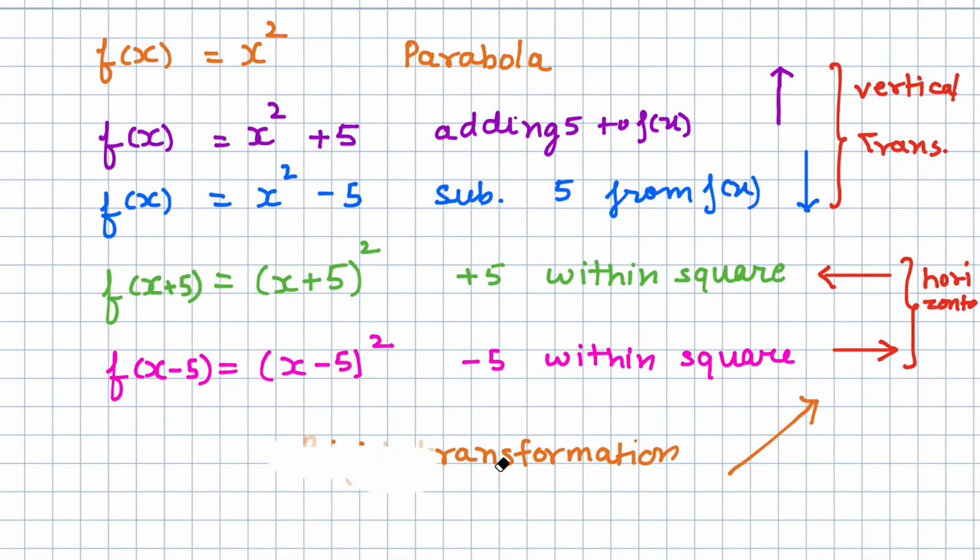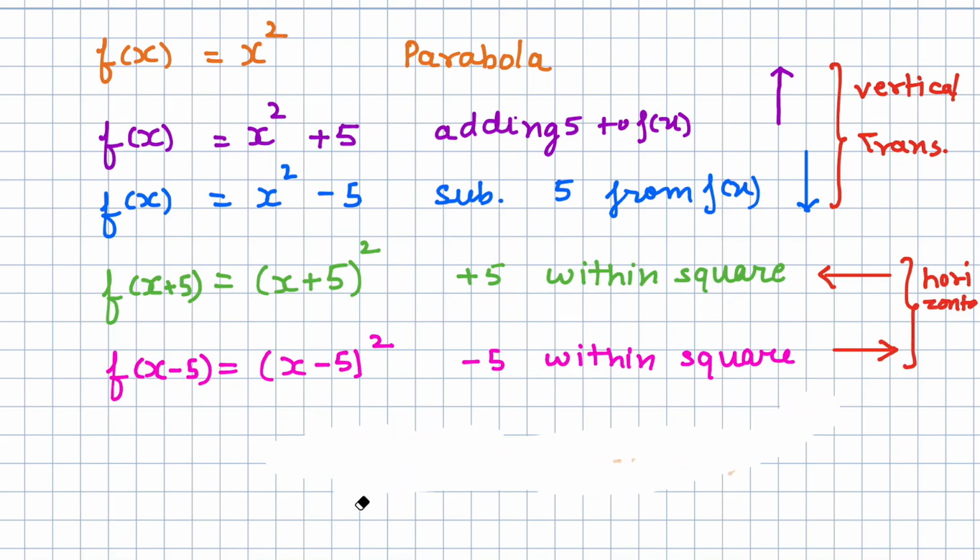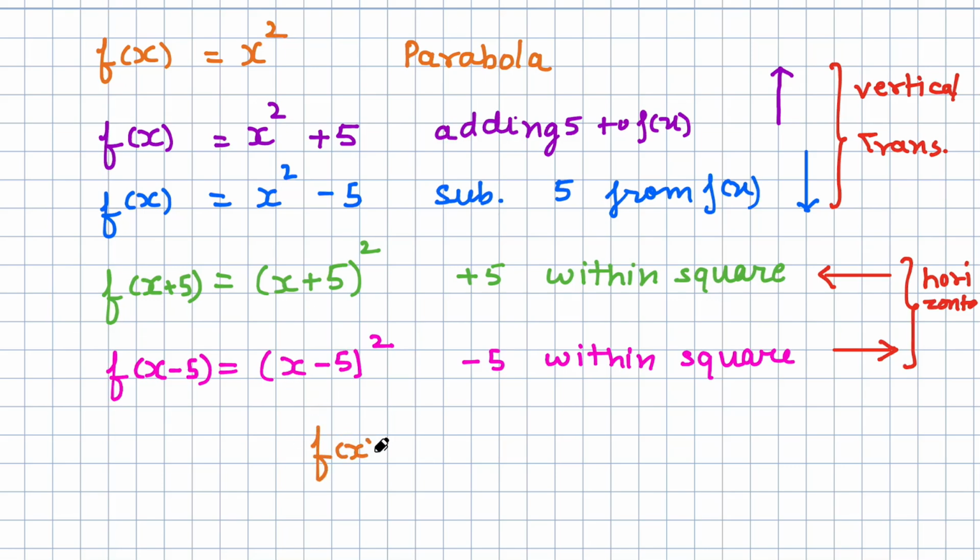So if you apply the formula, for rigid transformations you can give a single formula. I am just writing it, and I'll explain it a little more when we do graphs. f of x is equal to x plus or minus some number, whole squared, and some plus or minus number as a constant, right?